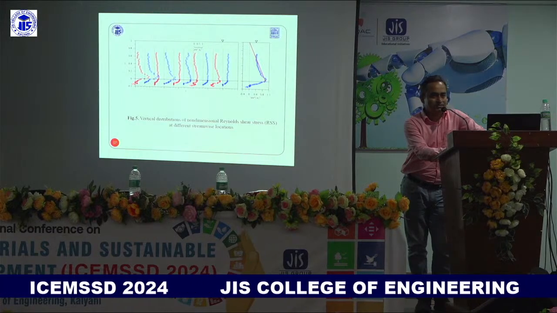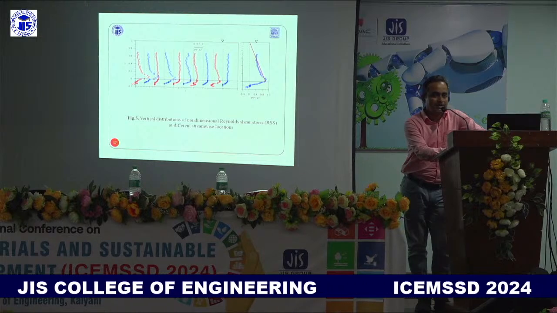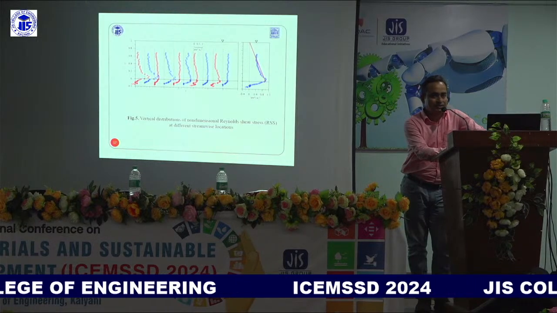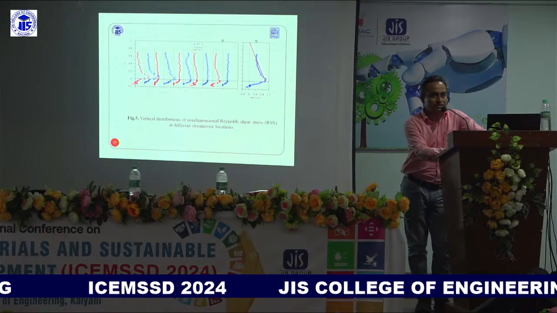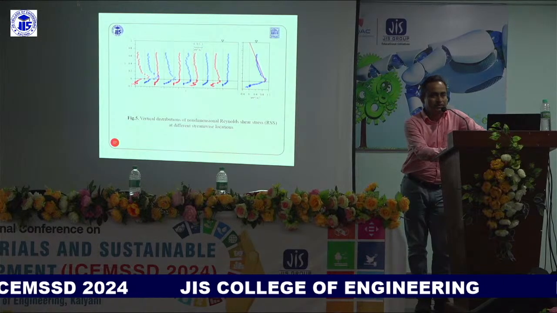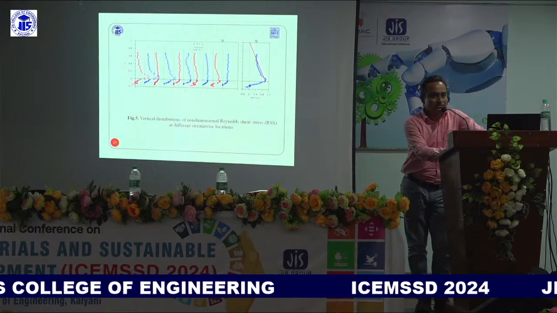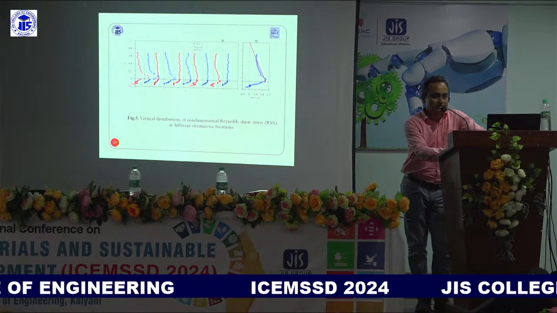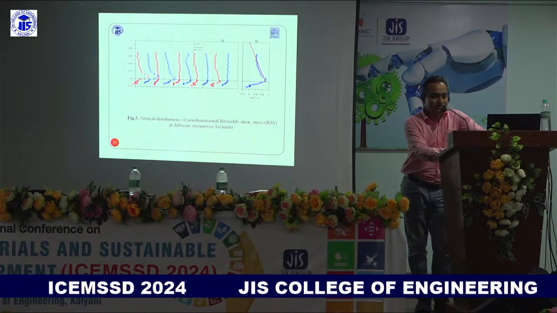Bed level means the top surface of the roughness. Like if it is a gravel bed river, then the top surfaces of the gravel are called the bed level. If there is sand, then the topmost surface of the sand will be taken as the bed, and this is for the sand bed river.